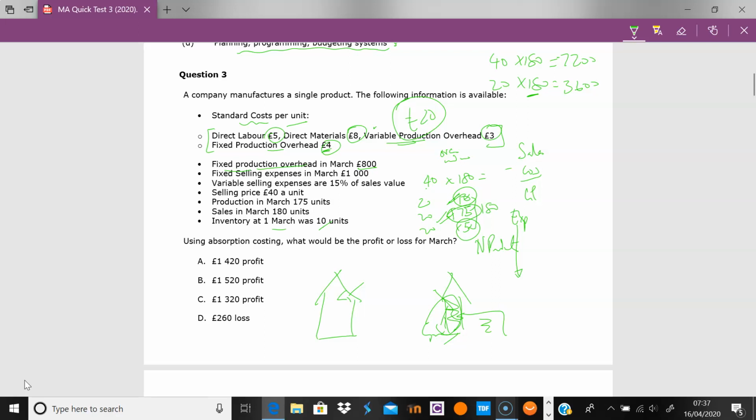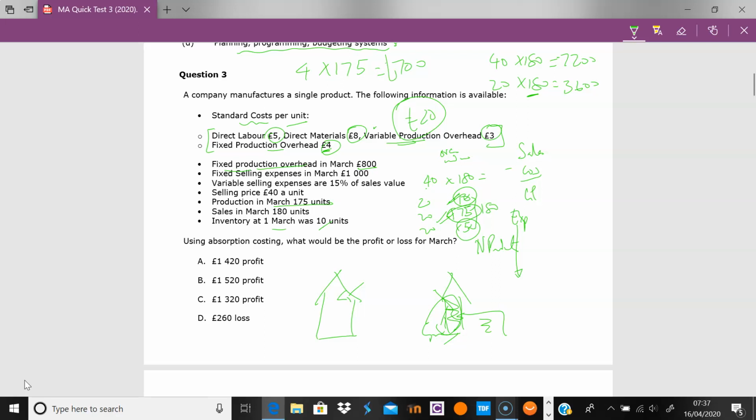So I've put in £4 for everything I've produced. And it says that in March I made 175 units. So every time I made a unit, I put in £4. So that's £4 times 175, which is 700.